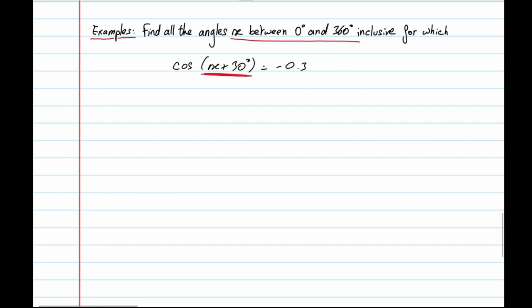What does that mean? That means that if x is between 0 and 360 degrees, then x plus 30 degrees is between 30 degrees and 390 degrees. So when we solve the equation, first we look between 30 and 390 degrees and then we find x.